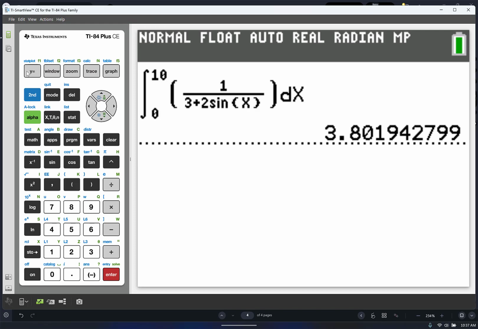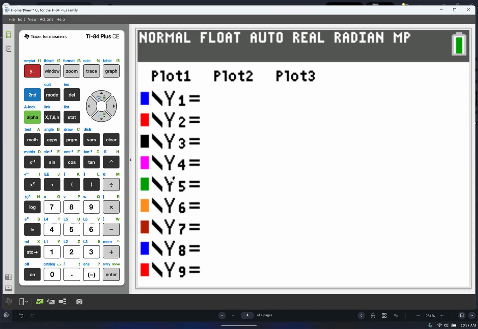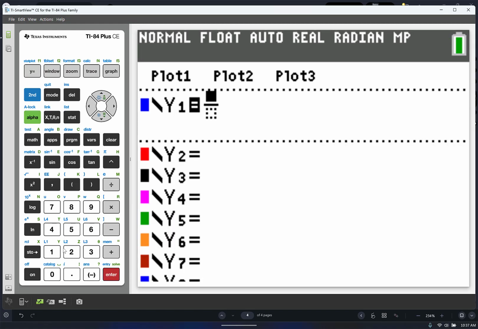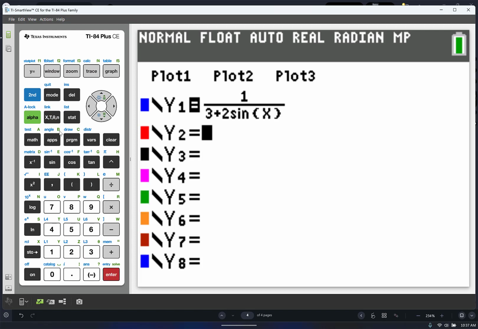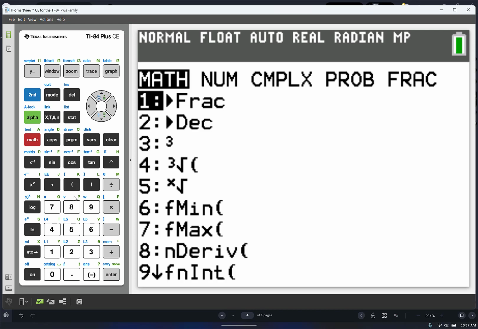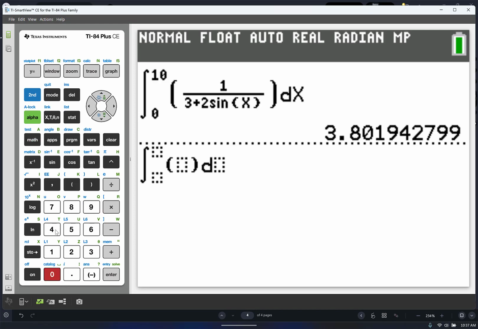Here's what I recommend you do. I recommend you also practice putting it into y1. So alpha y equals enter, and then 1 over 3 plus 2 sine x. I believe that's what it was. And then you go to the home screen, second quit. And I'm going to try it again. Math 9, 0 to 10.